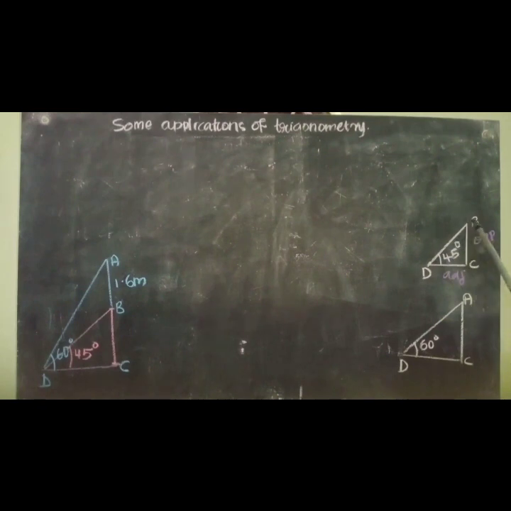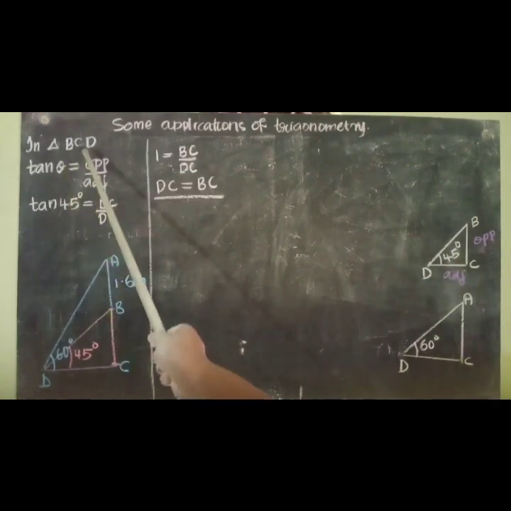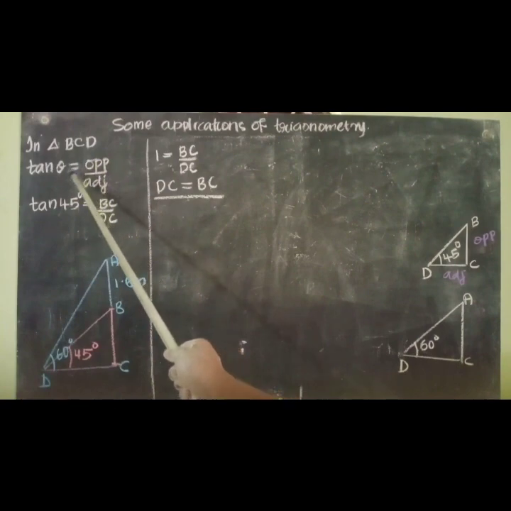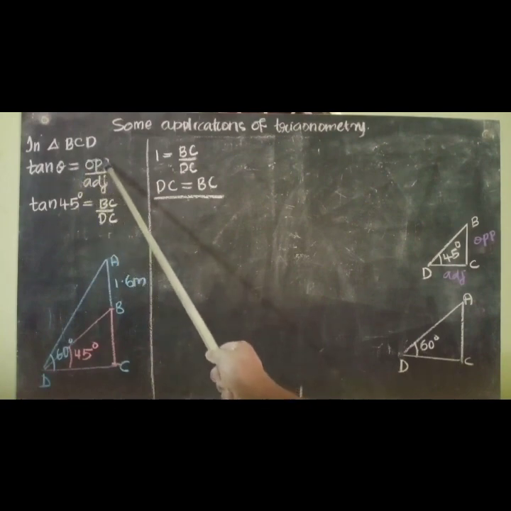Consider the first right triangle BCD with acute angle D with measurement 45 degree. For this acute angle D, BC is the opposite side and DC is the adjacent side. So, let us take the ratio. In triangle BCD, tan theta equal to opposite side by adjacent side.